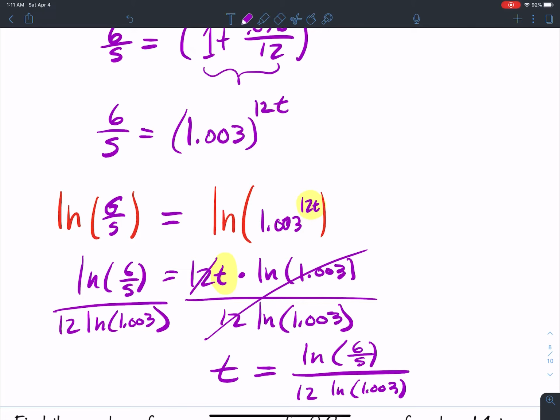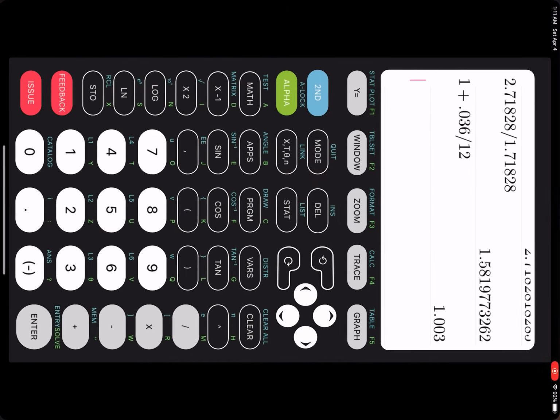All right, if you type that into your calculator, ln of 6 divided by 5, close parentheses. Oh my goodness, let me start over. ln of 6 divided by 5. Let's go outside here. Divide, and then what do I have? I want to do parentheses 12 times ln of 1.003, and close my parentheses.